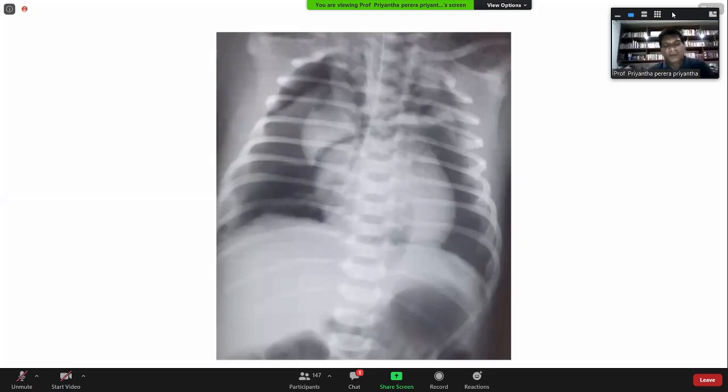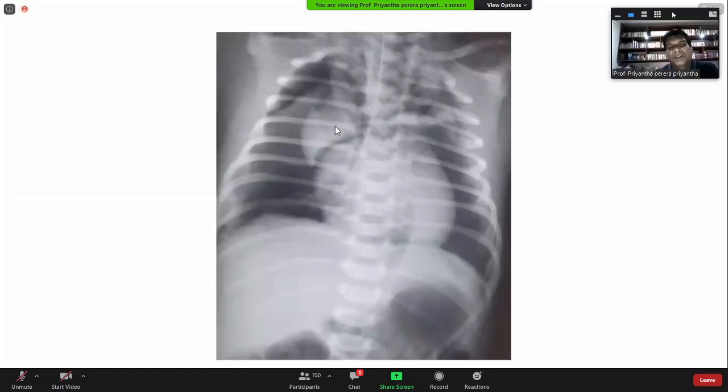Now, what is this structure here? Can somebody tell? What is this? Aortic arch. Sorry? Aortic arch. That is thymus, right? This is thymus.